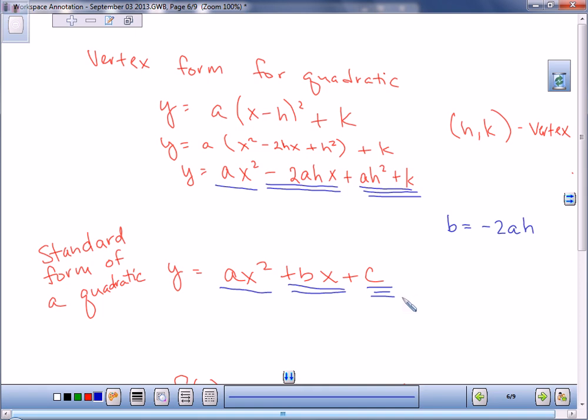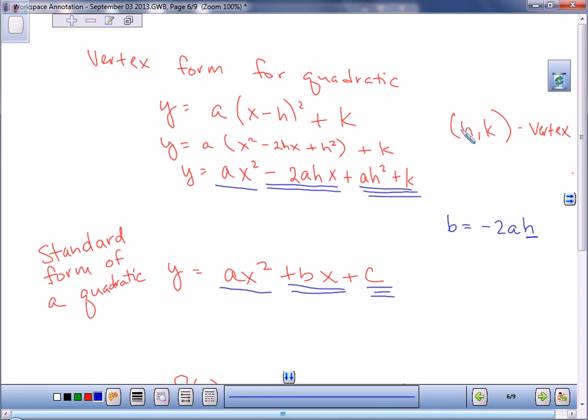Now, I'm going to stick with this one, the fact that we know that b is equal to negative 2ah. Because do you see if I solve this for h, what does h represent? h is the x value at the vertex, isn't it?